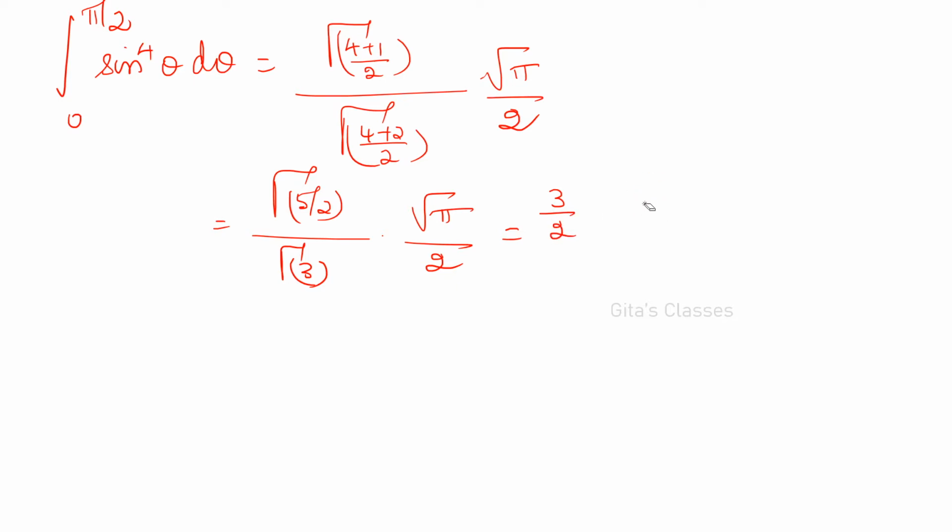What is gamma of 3 by 2? Again 1 by 2 into gamma of 1 by 2, right? Divided by, one more 2 is here already, and gamma of 3 is 2 into gamma of 2.